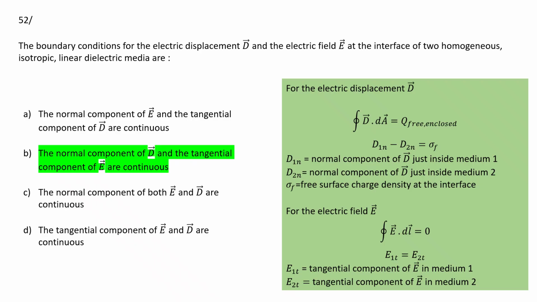So from these two equations we can see that the tangential component of the electric field and the normal component of displacement should be continuous. Okay, so option B is the right answer here.